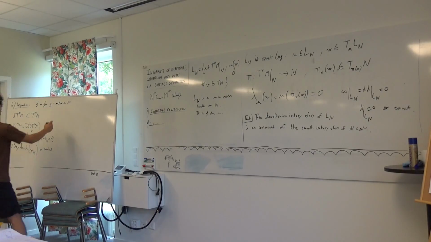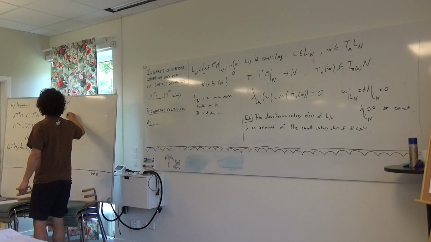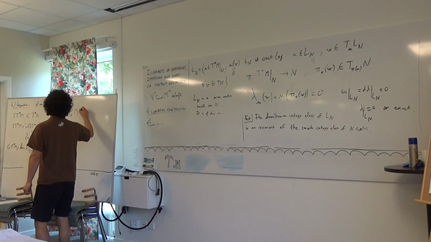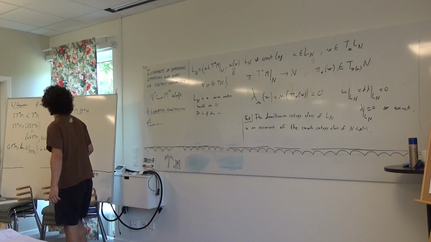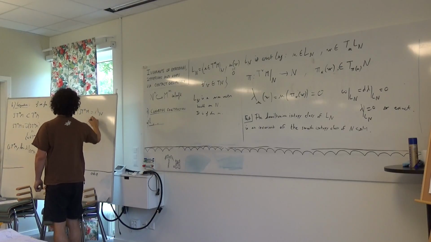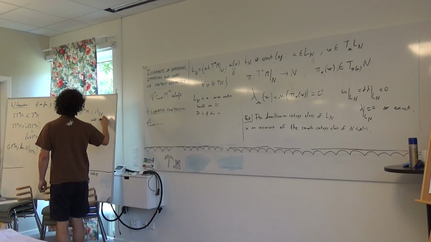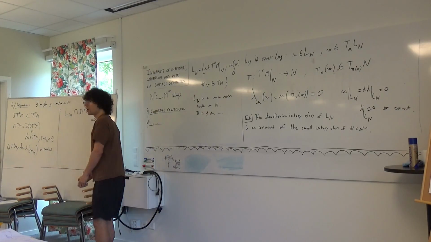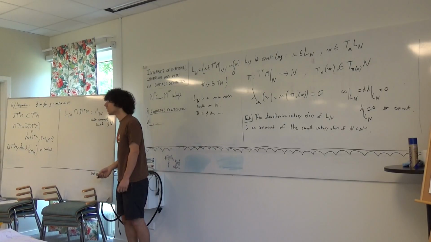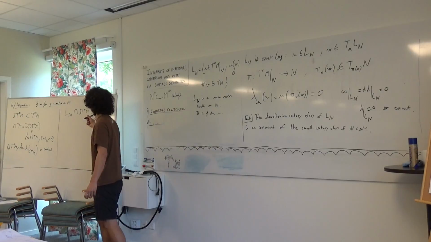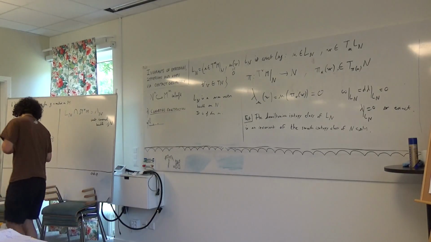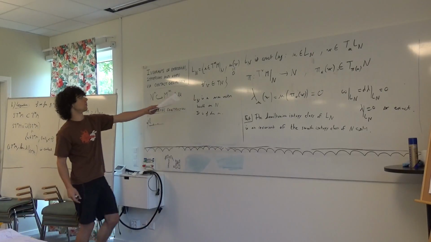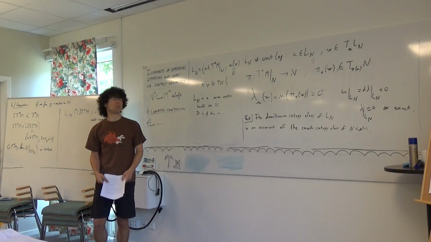And now we can just take the intersection of the conormal bundle of N with the unit cotangent bundle to get the unit conormal bundle of N, which will be a compact submanifold, closed compact if N is closed, of the unit cotangent bundle. Basically, it is defined by the same thing with the requirement that the covector is of unit norm.